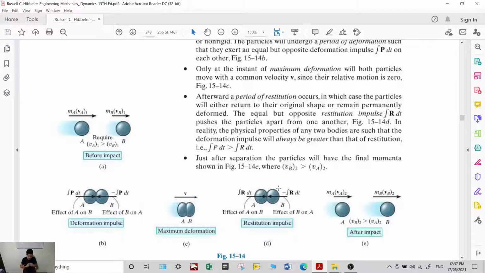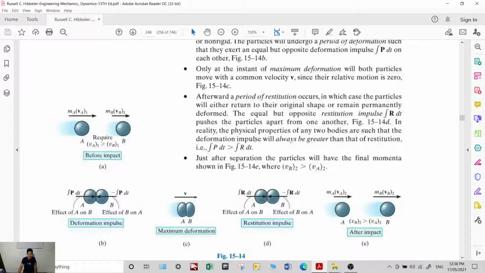If your object is elastic, it will somehow return to its original shape. The equal but opposite restitution impulse pushes the particles apart from one another, and they exert a restitution impulse on each other.